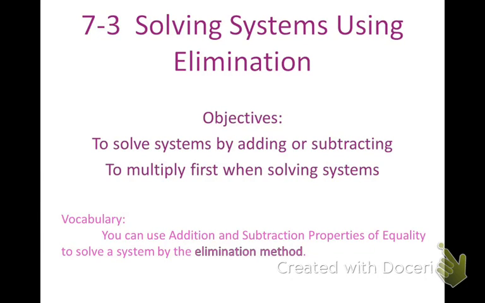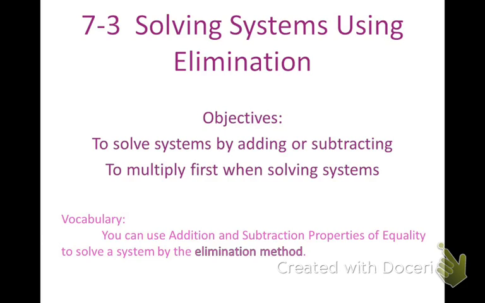Today's lesson is solving systems by elimination. We have learned how to solve systems by graphing, and we have learned solving systems by substitution. So today is elimination. To eliminate, we're going to solve systems by adding or subtracting, or to multiply first and then add or subtract.